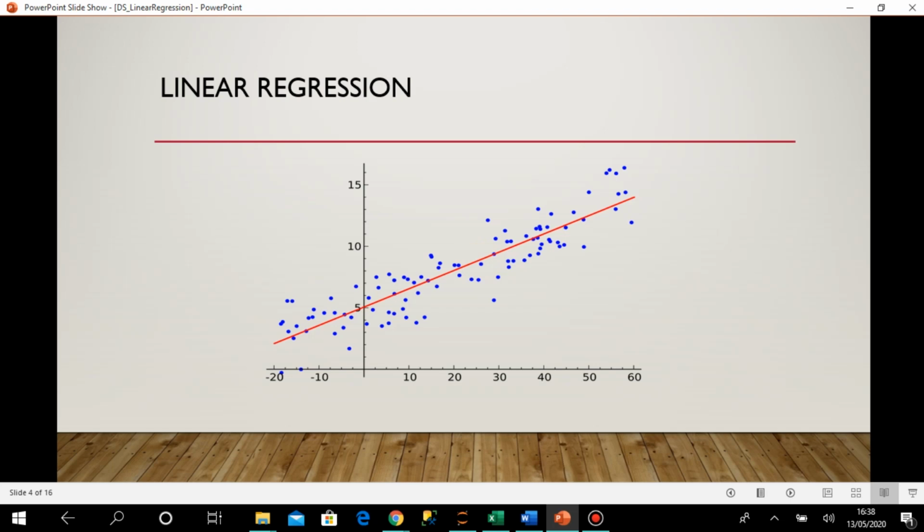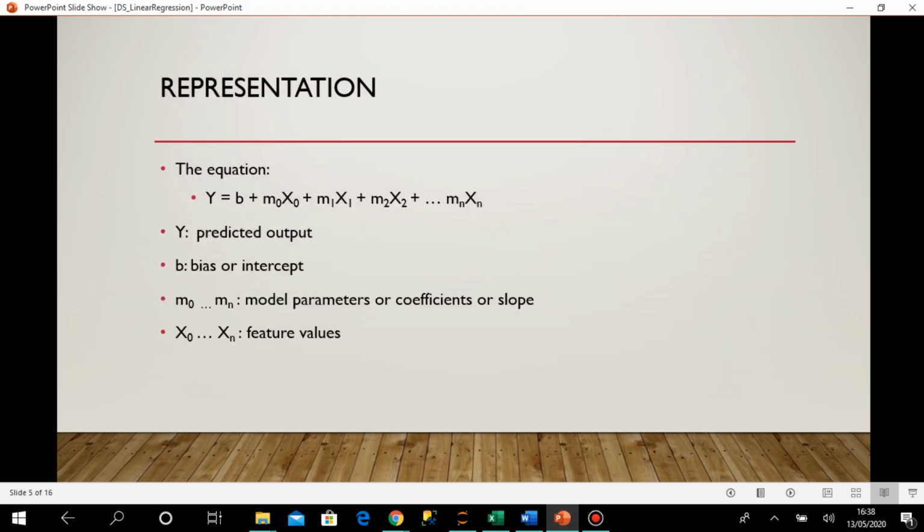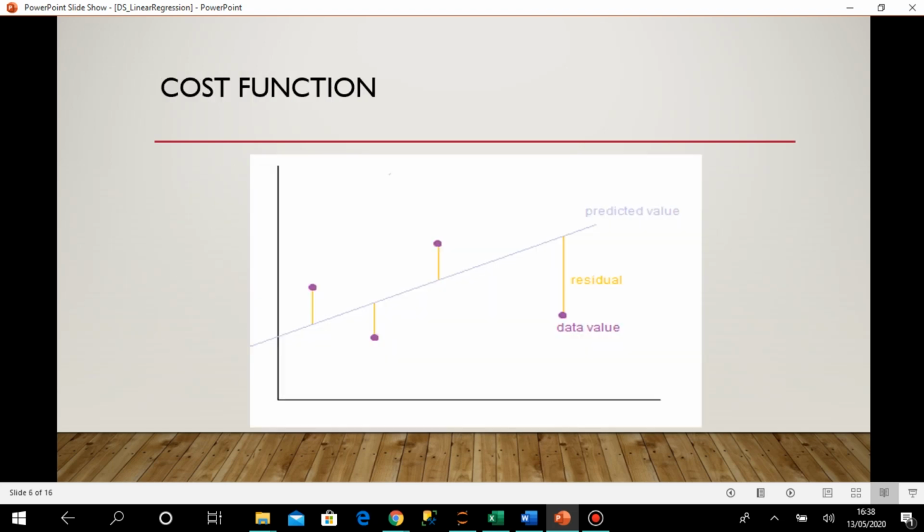For some cases it may match, for some cases the distance may be very small, but for some cases I can find that this line has some difference from the actual points. So this also we need to calculate, and when we calculate this, that is called the cost function.